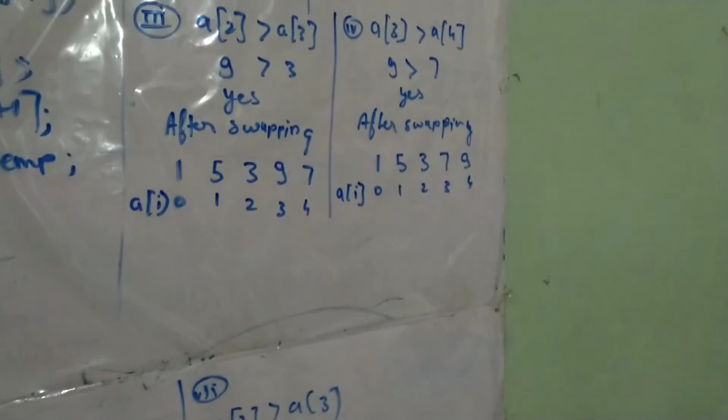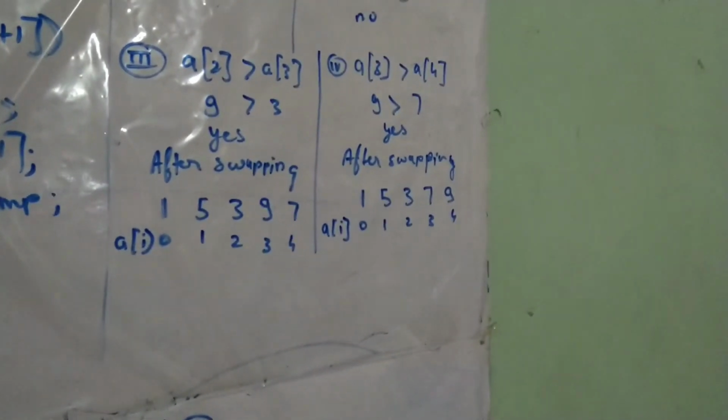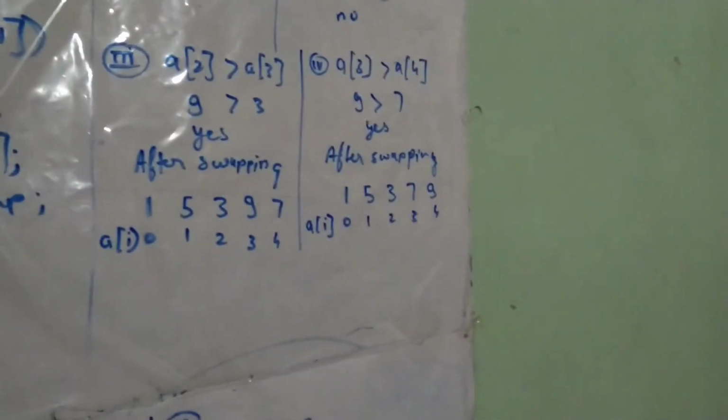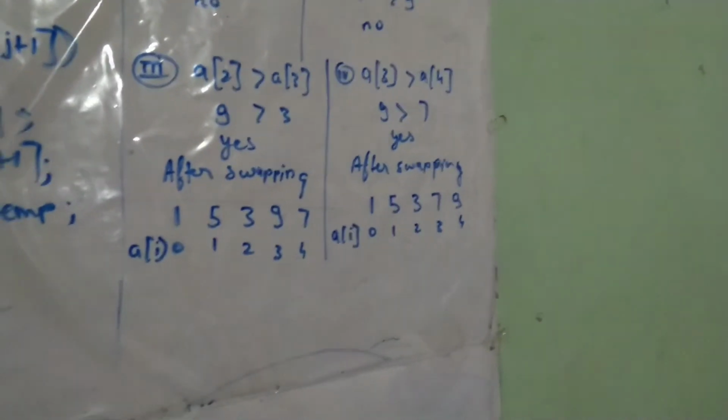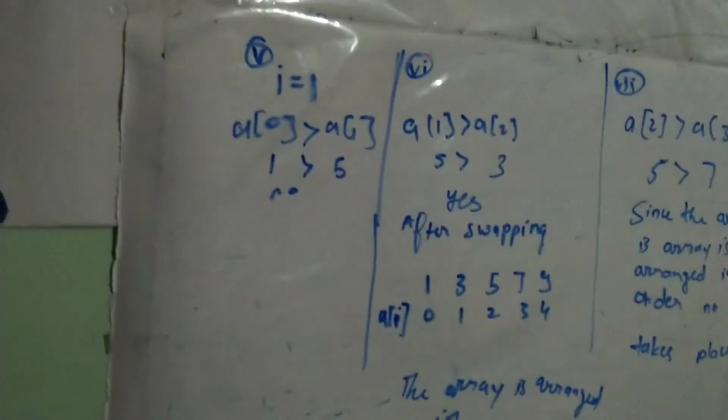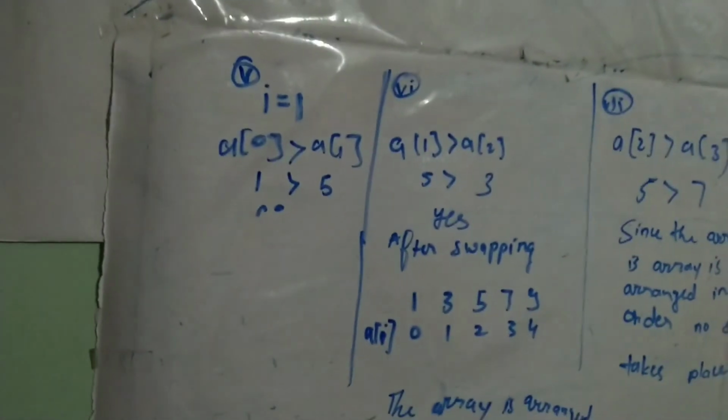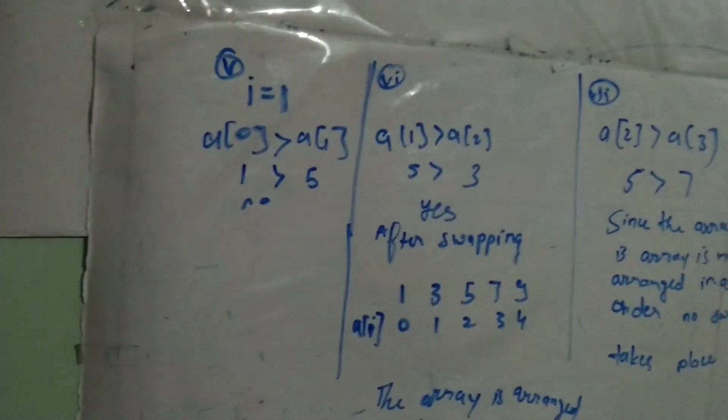In the fourth case we reach the maximum length of the array, that is a of 4, since it is a 5 length array. So now i was 0, now we increment the i counter to i equals to 1. Now here a of 0 is greater than a of 1, so no, the fifth case doesn't follow.